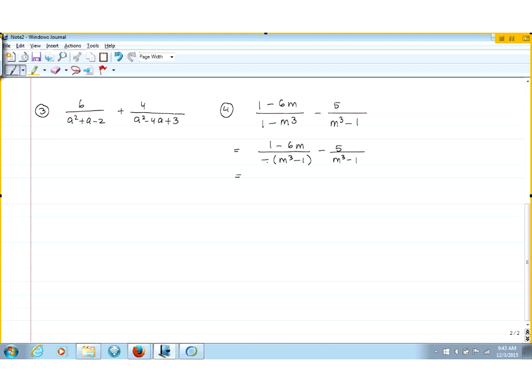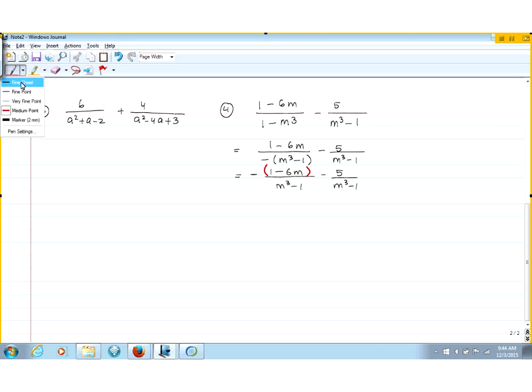And then what do you do to this negative on the denominator? Put it up. Okay, so this is negative of 1 minus 6m over m cubed minus 1, minus 5 over m cubed minus 1. And then you have to distribute.